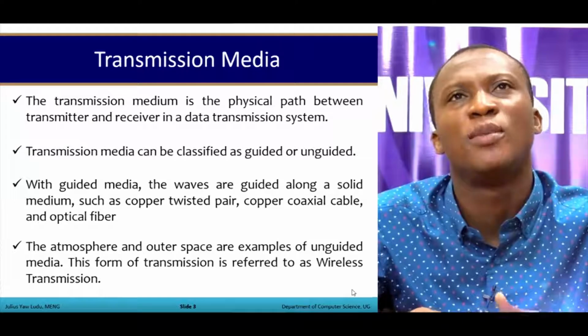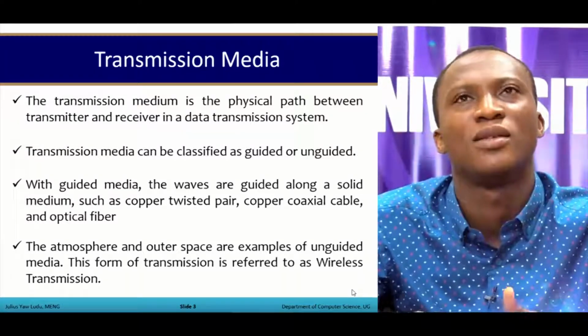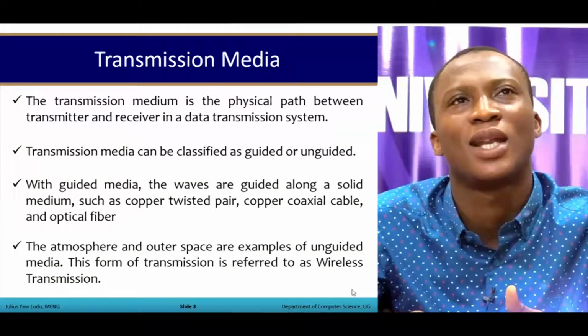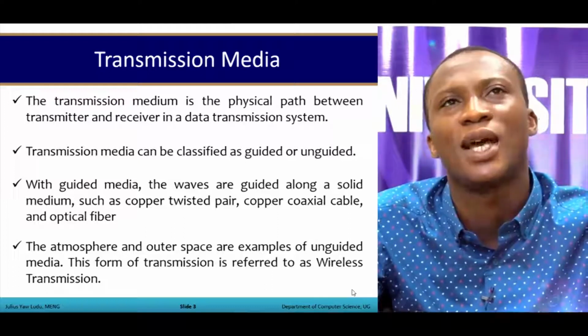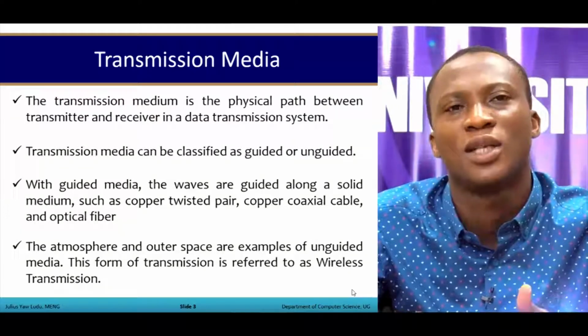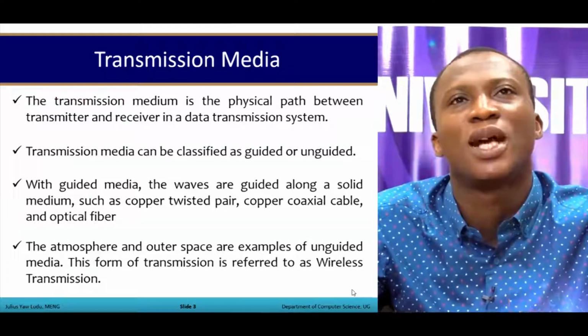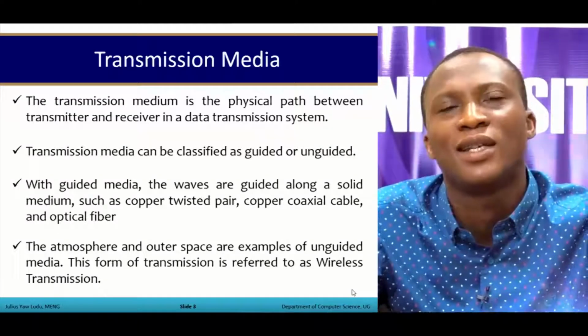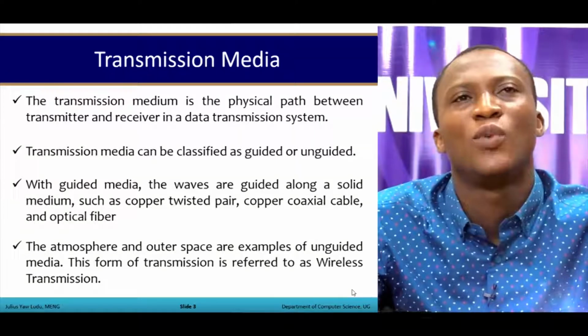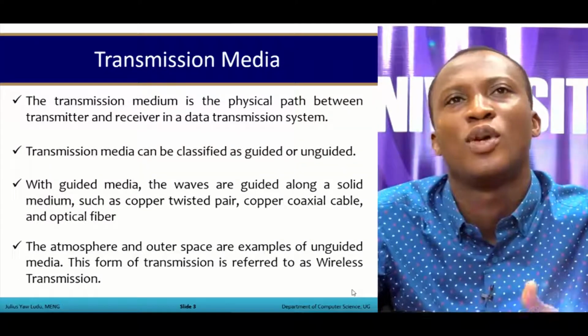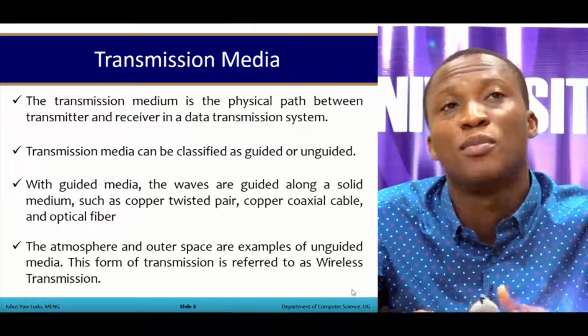Now, transmission medium is the physical path, like we saw in the other slides, between the transmitter and the receiver in a data communication or data transmission system. This transmission media can be classified as guided or unguided. With guided media, the waves are guided along a solid medium.